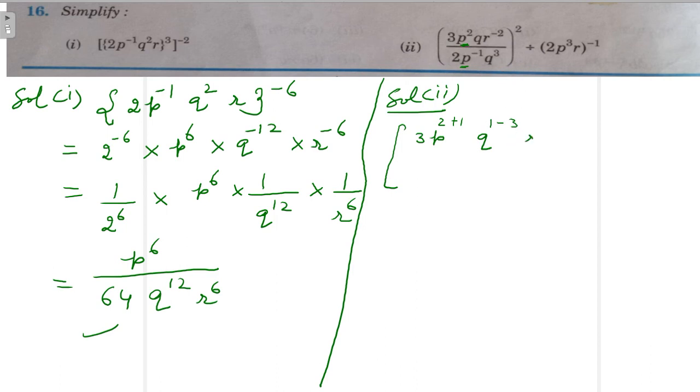R is only upon, here only 2 has left because these 3 are reciprocated and gone above. Now we are going to solve this. 2pq, here no problem, I can write 2pq r minus 1.